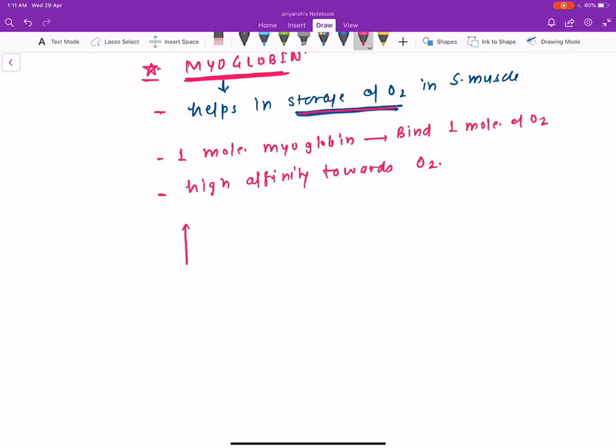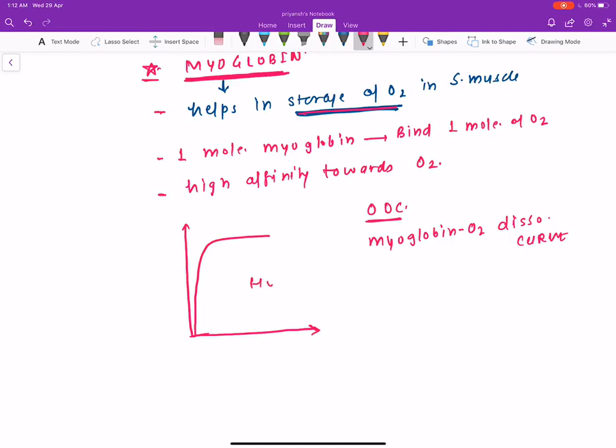If you see the oxygen dissociation curve of myoglobin, the myoglobin oxygen dissociation curve, you will see it has a hyperbolic shape.